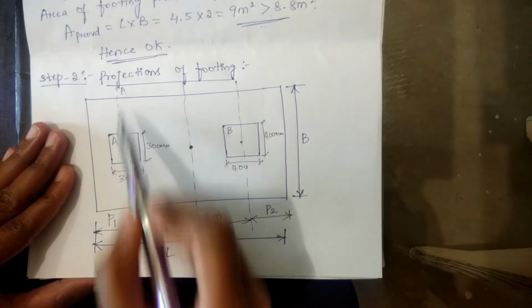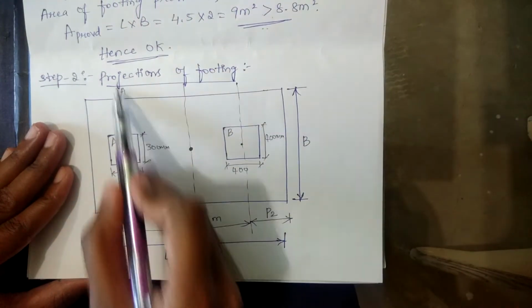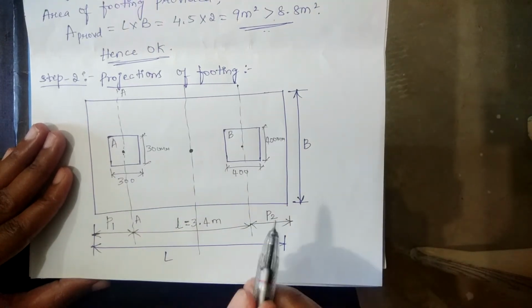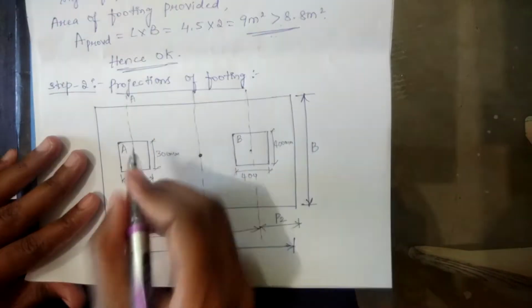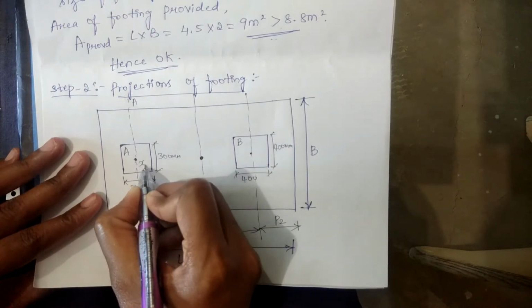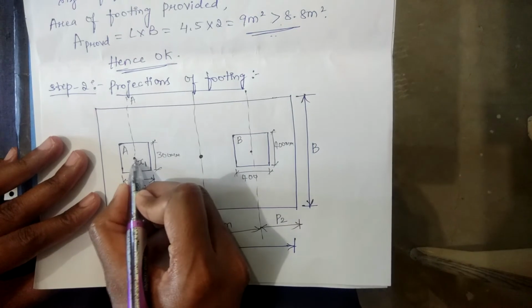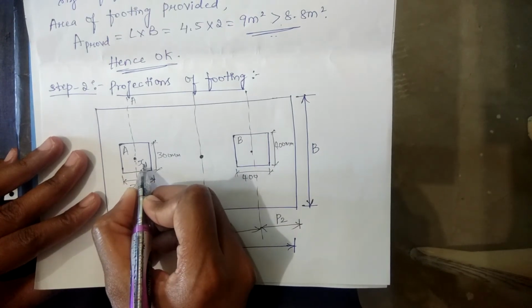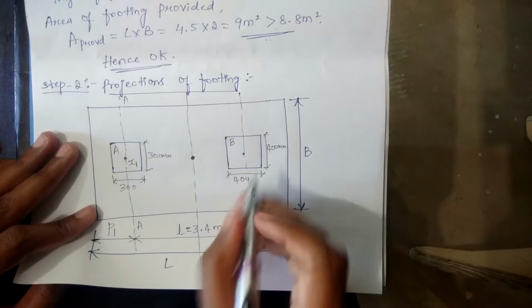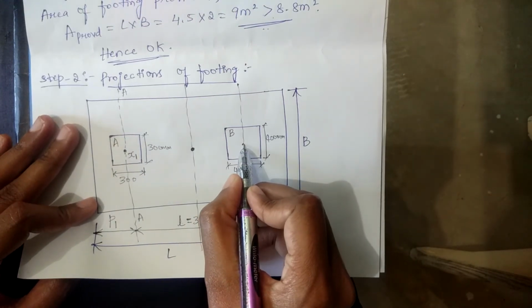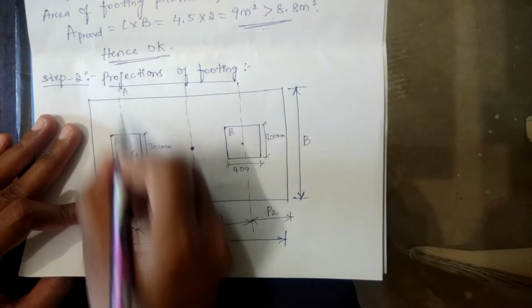Here I am considering the reference axis exactly at the center of the column A, and x1 represents the centroidal distance of column A with respect to the axis. Hence, this point itself represents the distance x1. Similarly, x2 is the distance of the centroid of the column B with respect to the reference axis AA.